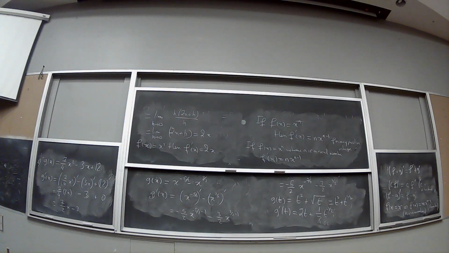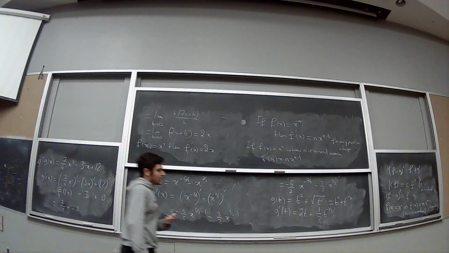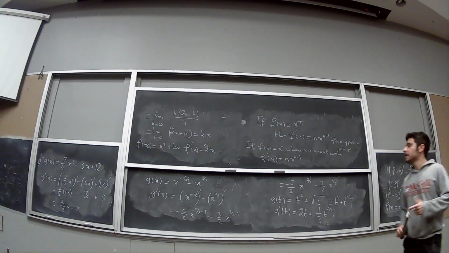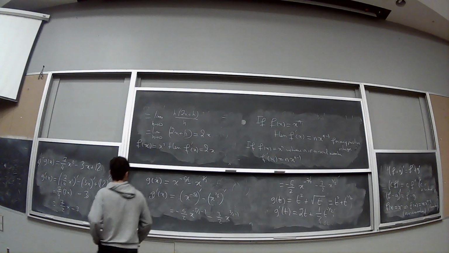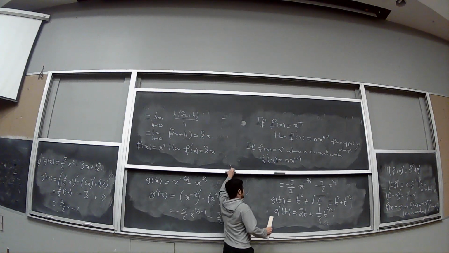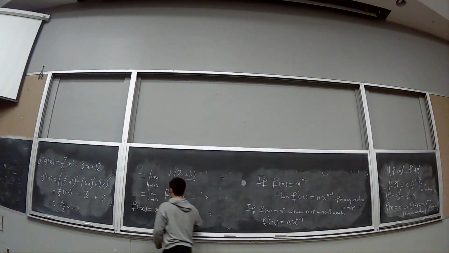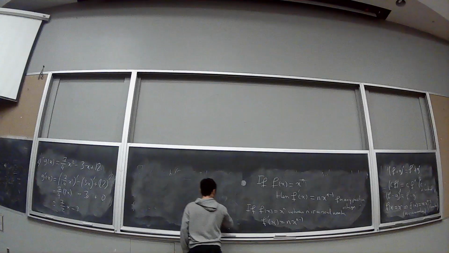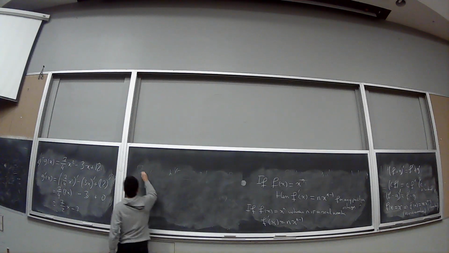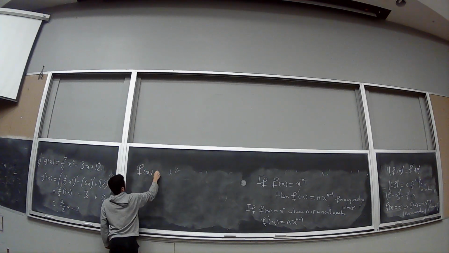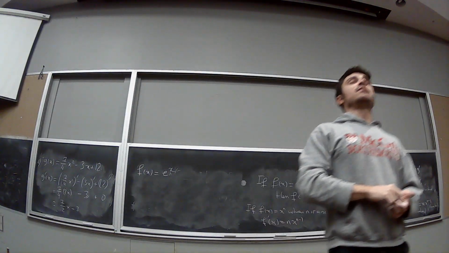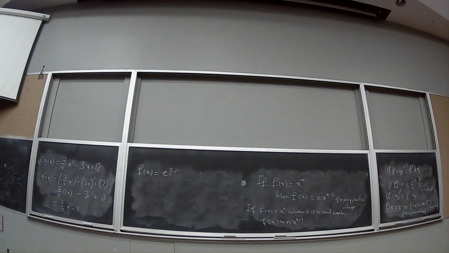Let us find the derivative of one more function, which is the exponential function. Now let us try to find the derivative of e to the x. How do I proceed here?